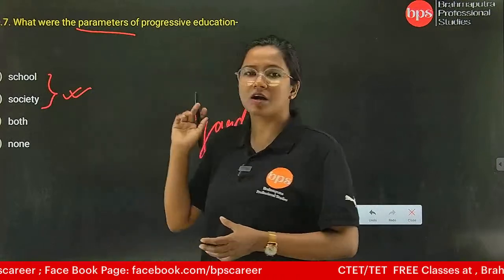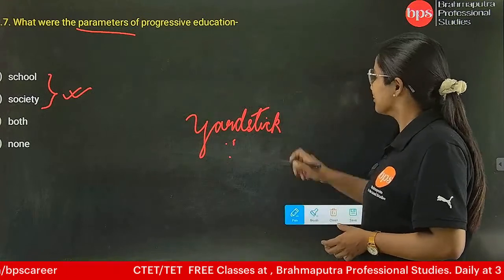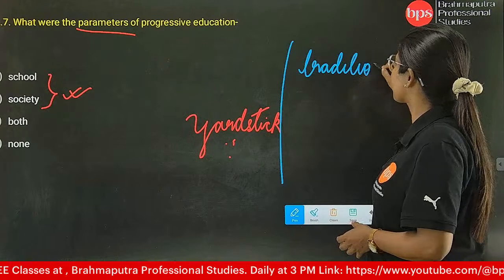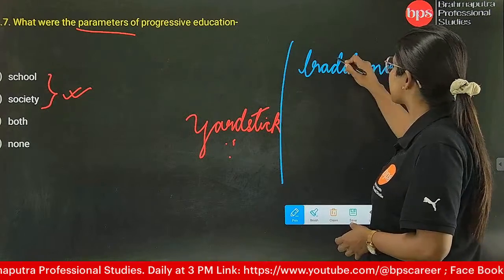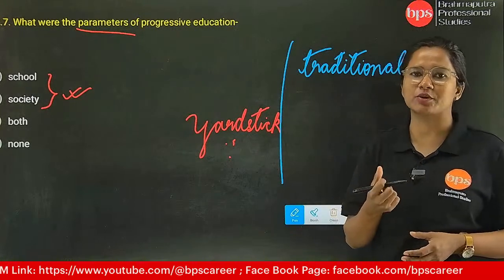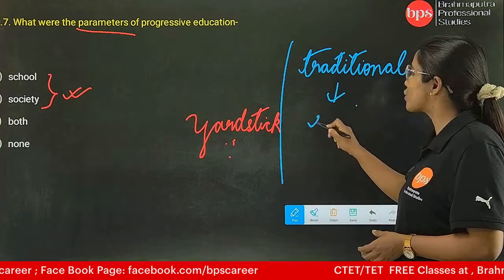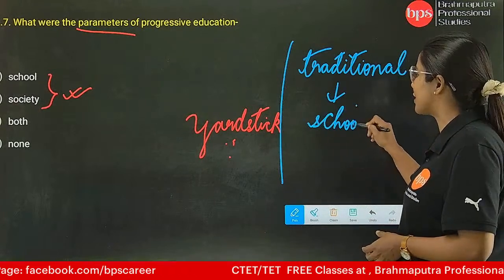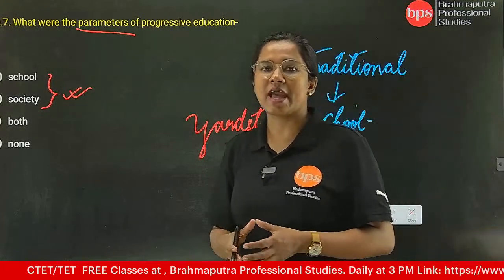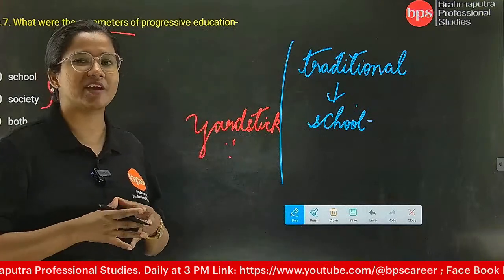Okay, earlier it was according to the traditional system of education. Earlier, what was the principle? The principle was that the school is the only institution where you learn the concepts, and it is the school where you execute what you have learned.